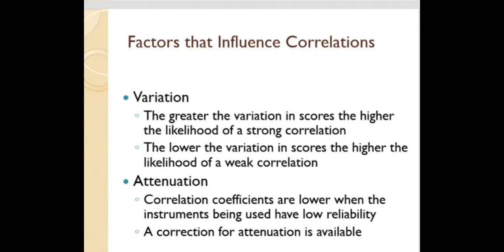Next, the lower the variation in scores, the higher the likelihood of a weak correlation. Next, attenuation. Correlation coefficients are lower when the instruments being used have low reliability. The last is that a correction for attenuation is available.